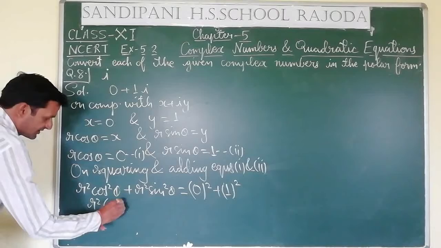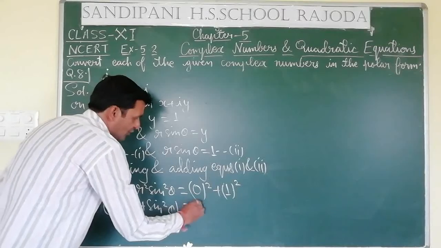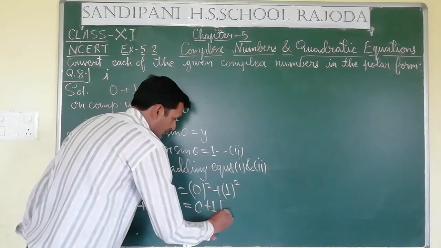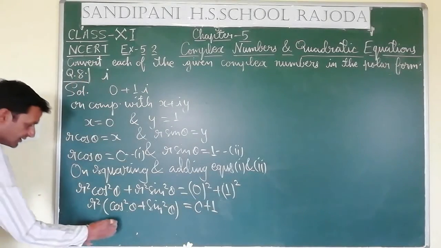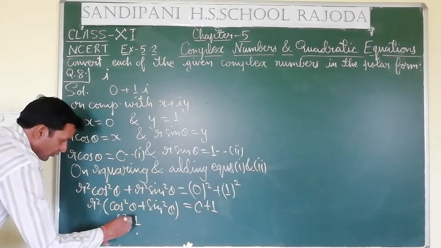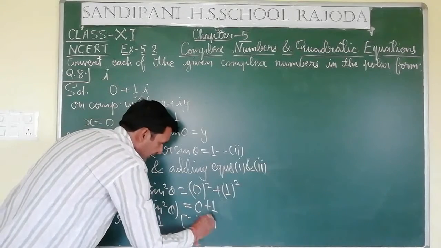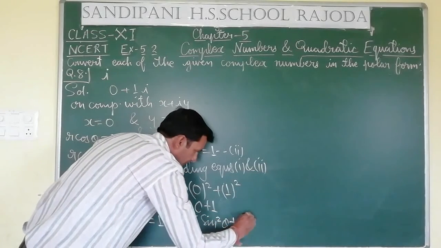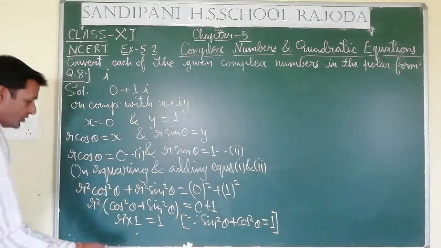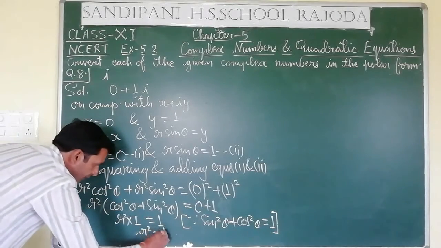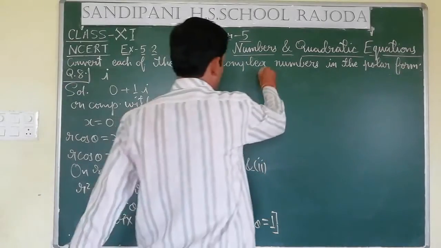Again it is cos square theta plus sin square theta, and here it is 0 plus 1. Now see, cos square theta plus sin square theta is 1 only. So r square into 1 is equal to 1. So r square is equal to 1, or r is also equal to 1, because 1 square is 1 only. So value of r is 1.